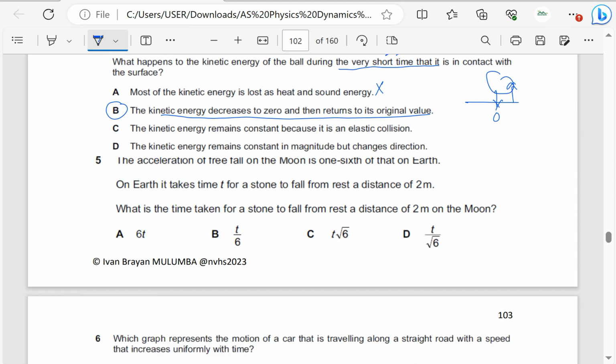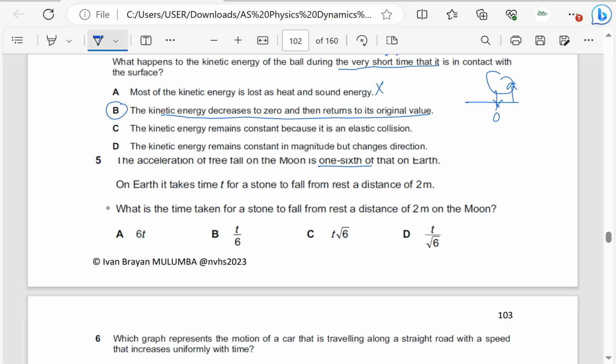The acceleration of free fall on the moon is 1/6 of that on Earth. On the Earth, it takes time t for a stone to fall from rest a distance of 2 meters. What is the time taken for the stone to fall from rest a distance of 2 meters on the moon?